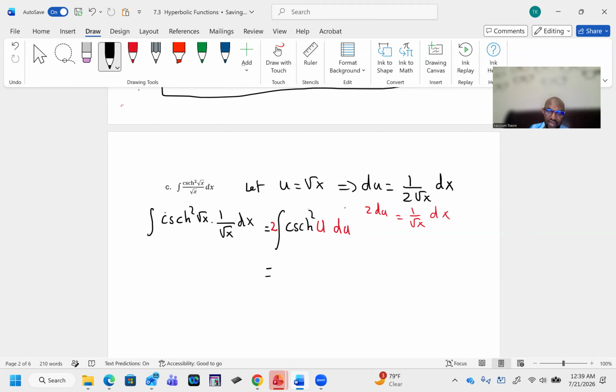The integral of csch squared of u du would be negative coth of u plus c. But what is our u? Square root of x. So my final answer would be negative 2 hyperbolic cotangent of square root of x plus c, and that's it.